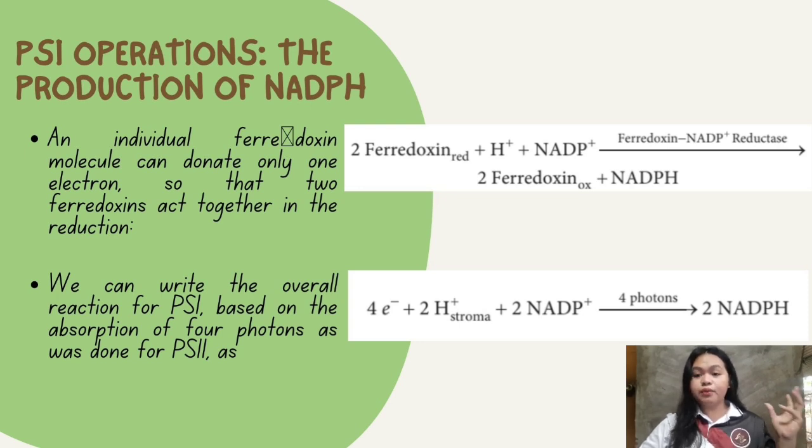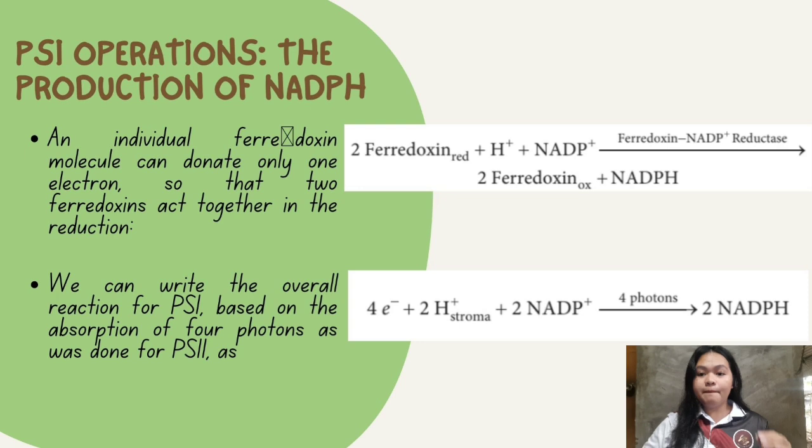So, from photosystem 2, mapupunta yung electrons to mobile carrier called plastoquinol. From plastoquinol, matatransfer siya sa cytochrome B radical F, which mapapasa naman sa another mobile carrier called plastocyanin.